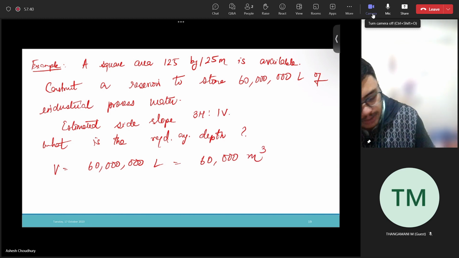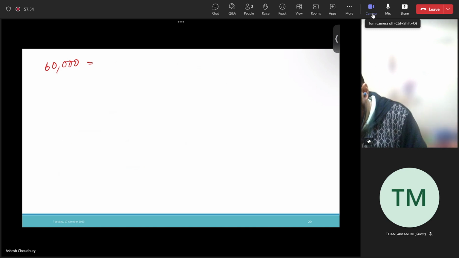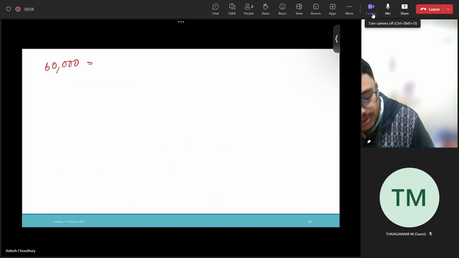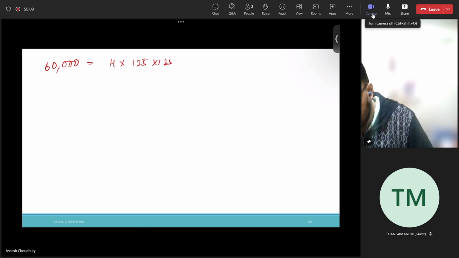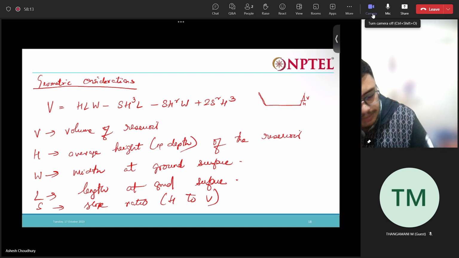Now if you use the previous equation, HLW, where L and W at ground level are 125 by 125. So HLW minus S H square W minus S H square L plus twice S square H cube.